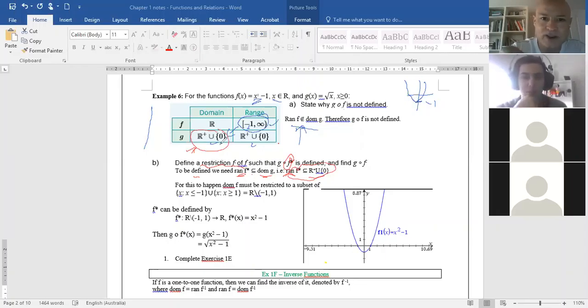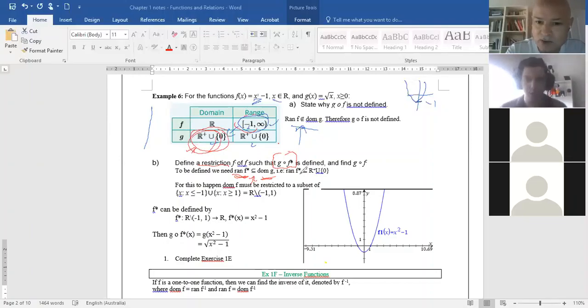Yeah, we can put a restriction on things to make it a subset. So here they want us to restrict it. It's not going to be called F anymore. It's going to be called F star, because we're restricting it. Now, the only way we can restrict this, to make it happen, we need the range of F star to be a subset of the domain of G. So the range of F star can't be any bigger than reals positive, because if it's bigger than this domain, then it's not going to be defined.